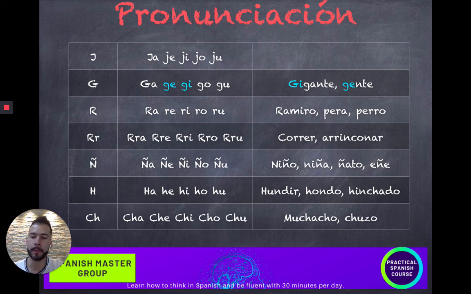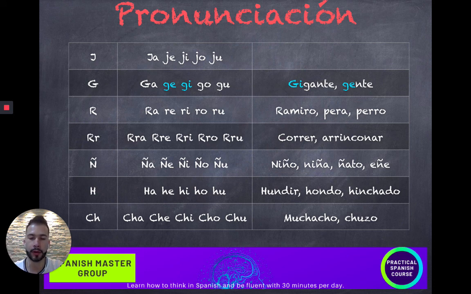With G we have ga, ge, go, gu. Pay attention to the sound of the G with GE and GI. It sounds the same as with J. Ha, he, ho, hu. Ga, he, go, gu. He is the same sound as with J.